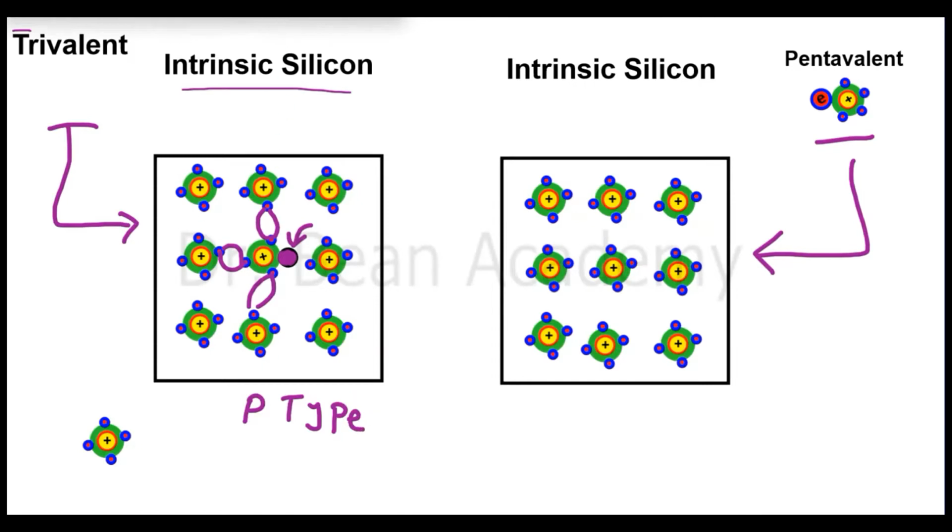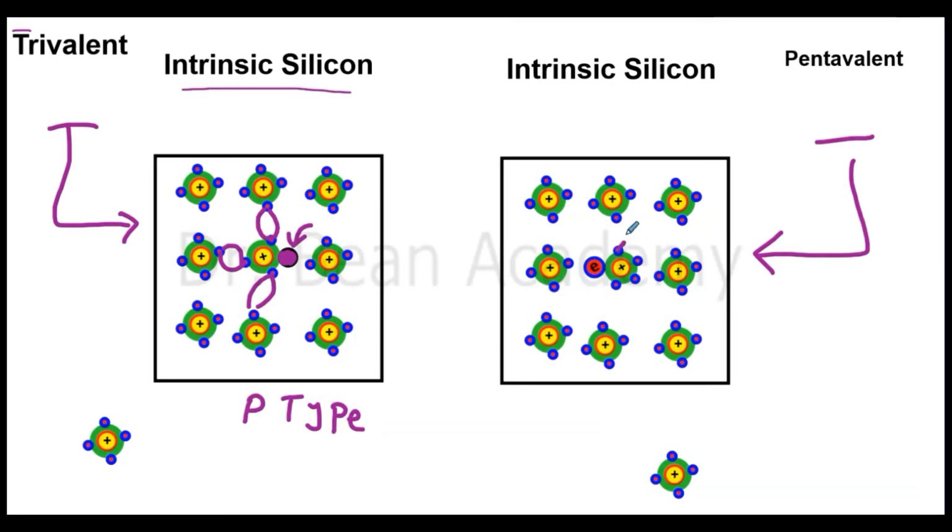Similarly, if I do a different process on the right side, for example, I replace a silicon atom from the middle and I replace it with a pentavalent atom from a material like phosphorus, now something else happens. It will make covalent bonds because it has 5 electrons in its valence shell.